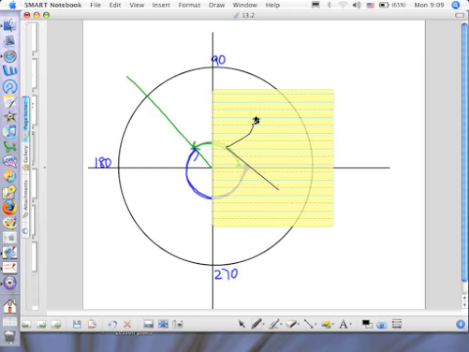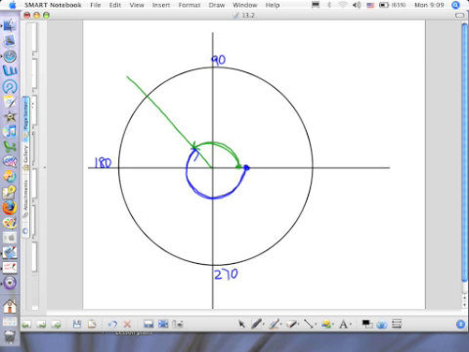Here would be your initial side, and you would go 10, 20, 30, 40, 50, 60, 70, 80, 90, 100, 110. Okay, that's a 110 degree angle.